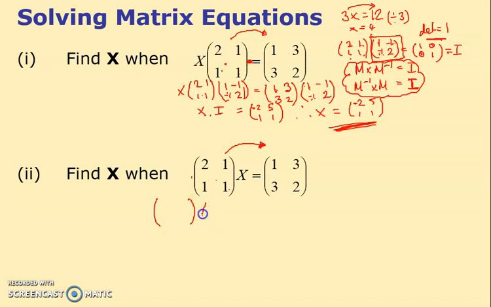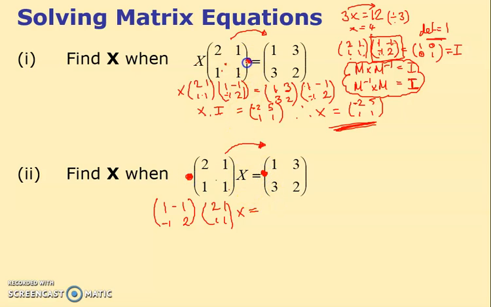So I've got this 2, 1, 1, 1 times by x equal to this. And I'm going to times it on the left hand side. I'm going to chuck it in here. And the inverse of this matrix we've already seen twice now: 1, minus 1, minus 1, 2, times by the 2, 1, 1 on x. Now notice, because I times on the left there, I've got to times on the left here.